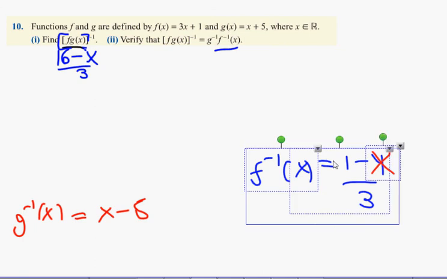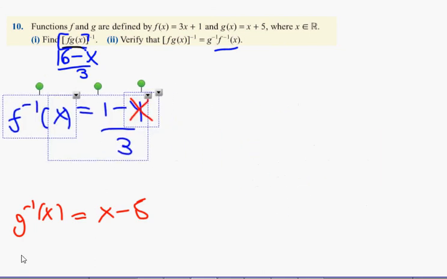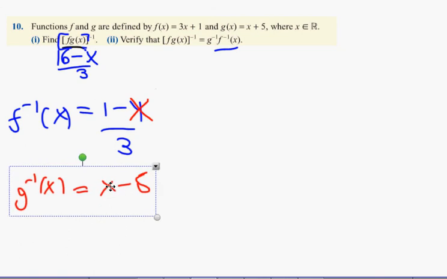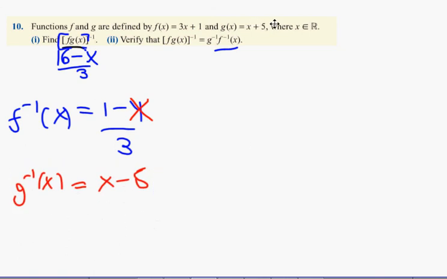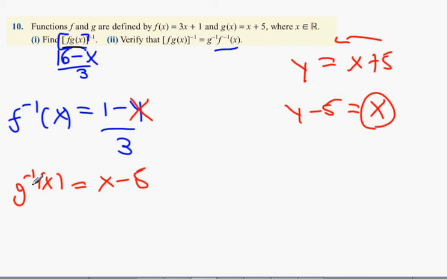Get this information, bring it over to the right. So what's the 5? It's not plus 5. It was plus 5. I inversed it already. So Connor, what I did was I said y equals x plus 5. I brought 5 over the other side. Y minus 5 equals x. And then I changed x into g inverse x.